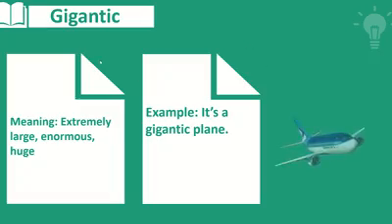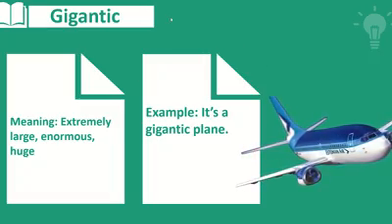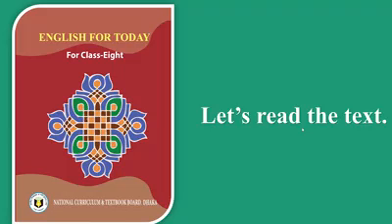Next vocabulary is gigantic, in Bangla bihodakar, means extremely large, enormous or huge. For example, it's a gigantic plane. Here we find a gigantic plane. Now, dear students, let's read the text.